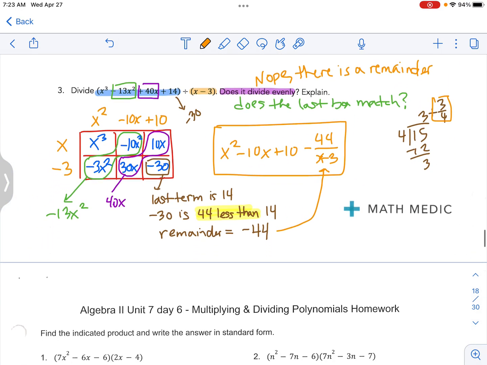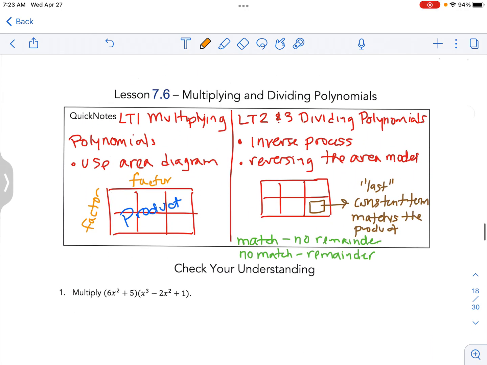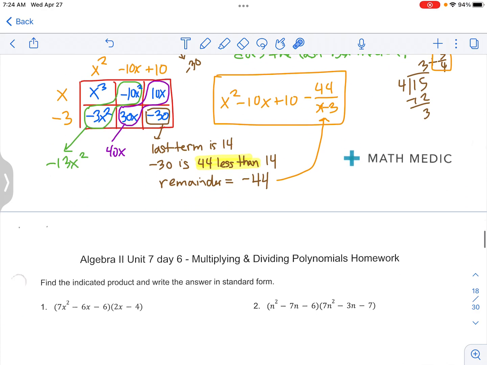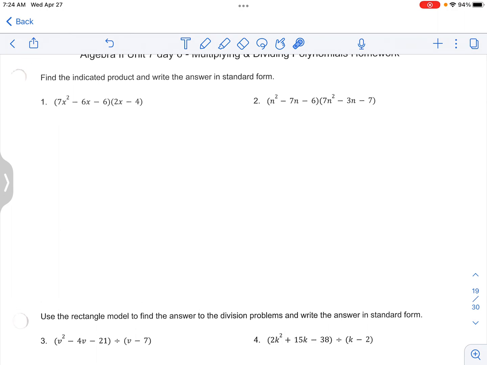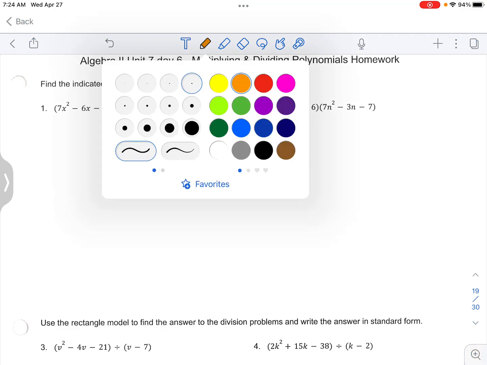dealing with just numbers. Okay, so the takeaway from this section then is we're using our old area model that we've used before, and we're running it backwards in order to do some division of polynomials. And so as you're looking at the homework then, you have to notice the notation so that you're not doing the wrong process. This is multiplying.